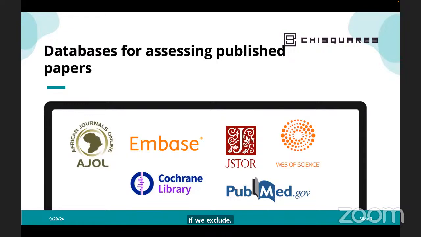Because I think in the last teaching we had, we made mention that some studies might be overlooked, and they would have been very important and contributed to the systematic review that we are conducting. By that, it would have introduced a bias into the study.